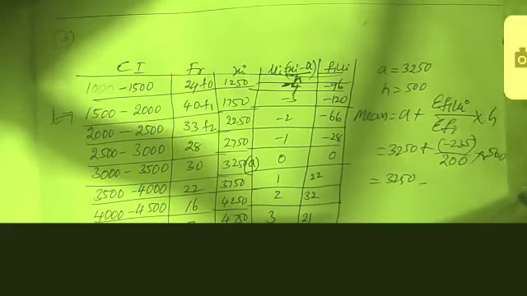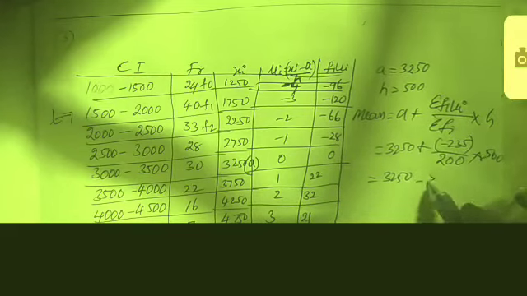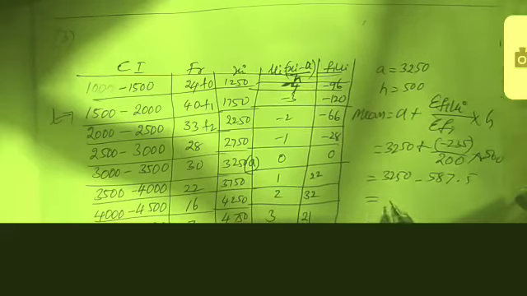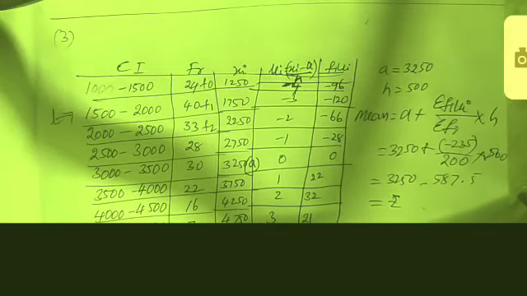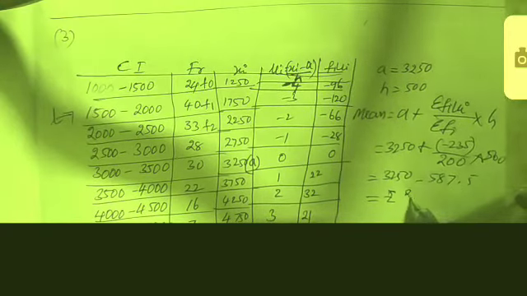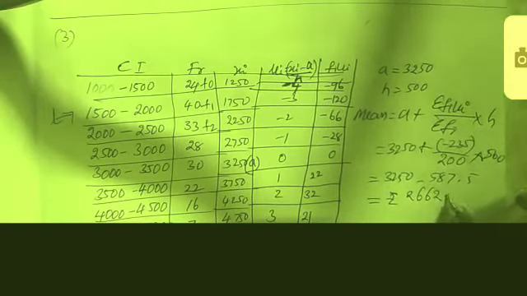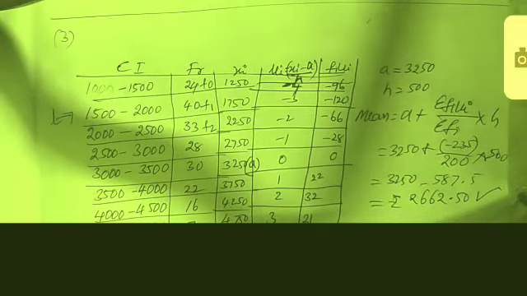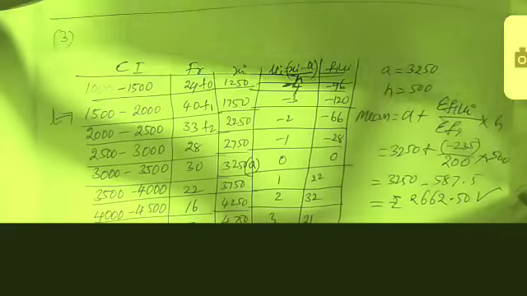On simplification you get 3250 minus 587.5, and we get the answer 2662.50. So that is the mean value.